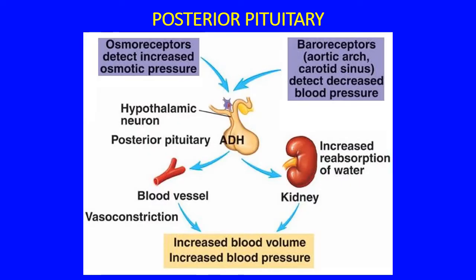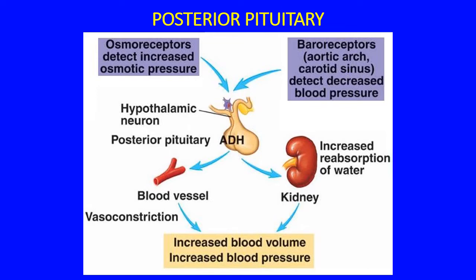Now, how does all of this occur? Well, the fact is that we have both osmoreceptors and baroreceptors that are going to detect different categories of the volume and the pressure. So let's take osmoreceptors first. They detect the increases in osmotic pressure.